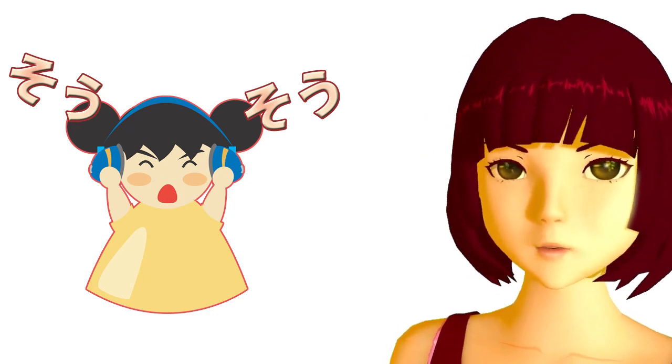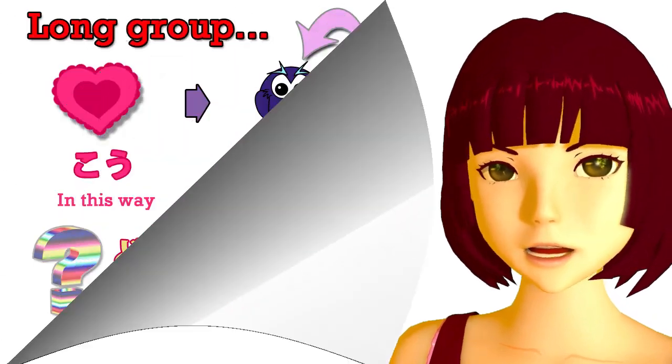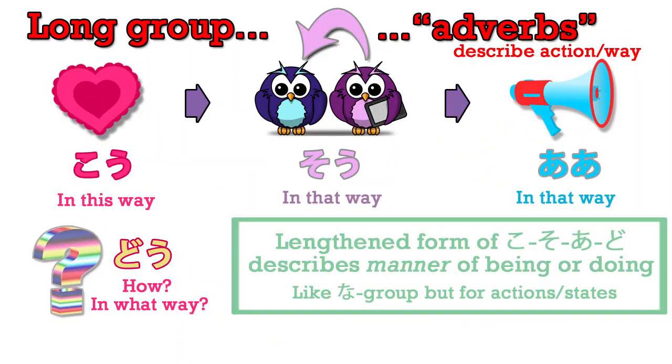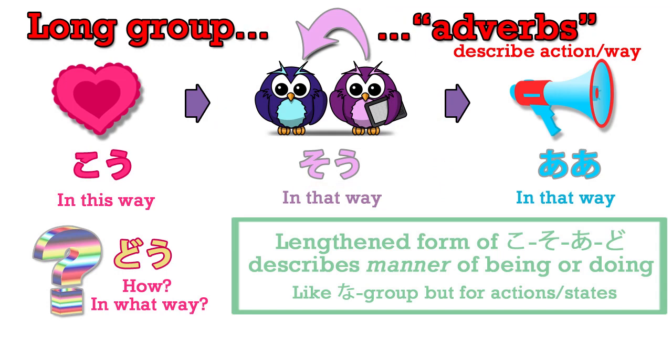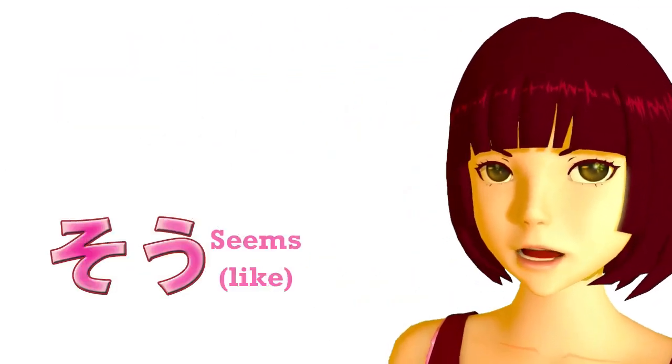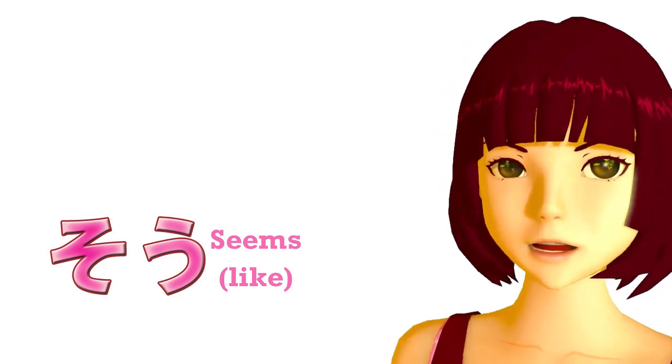So, first of all, what is sou? It's the same sou that we learned about recently that comes in kurasou, sunasou, hakusou. Sou means "like that," which makes it, of course, a very good candidate for describing something seeming like something.